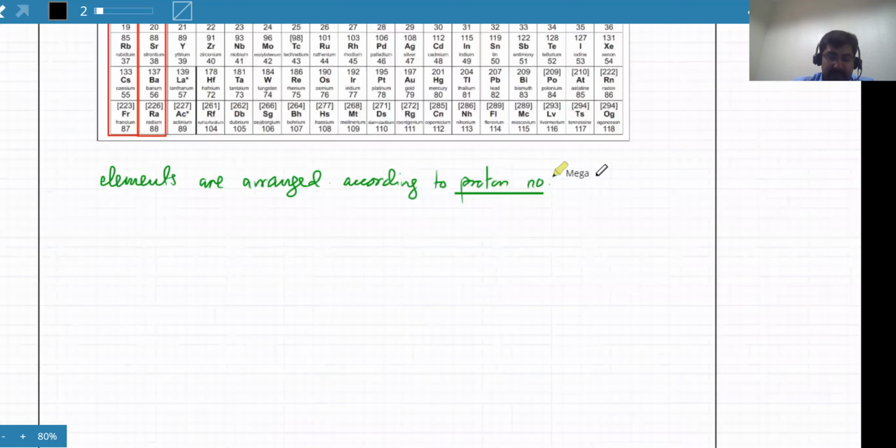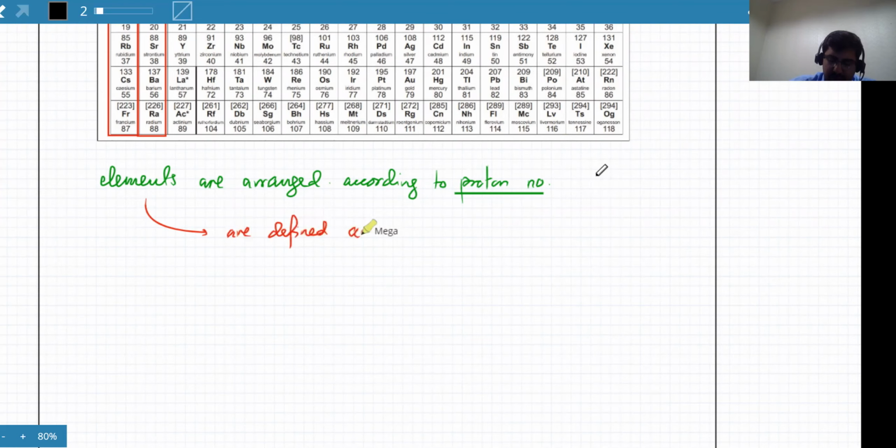Another important thing is that each element is also defined according to its proton number.